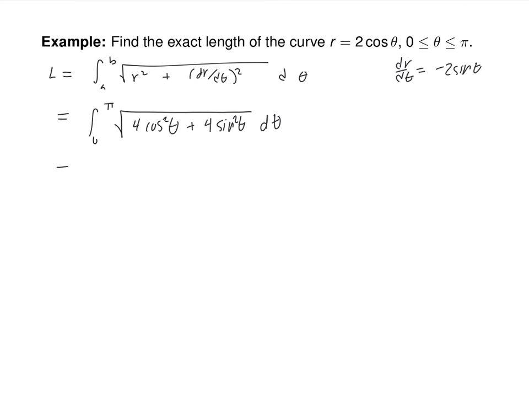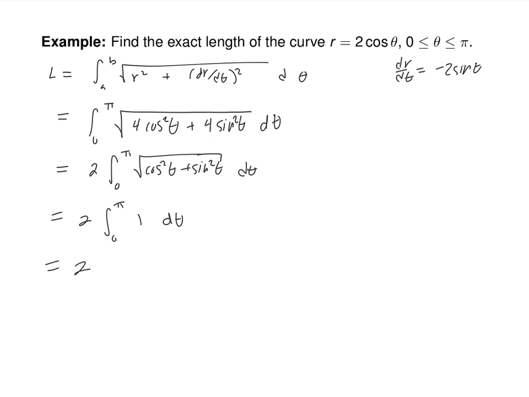Take out the greatest common factor of 4, square root it, we get 2 integral 0 to pi root cosine squared theta plus sine squared theta. Your favorite trigonometric identity, which is just 1. So 2 integral 0 to pi 1 d theta. Well, the antiderivative of 1 is just theta from 0 to pi, so this is 2 pi.